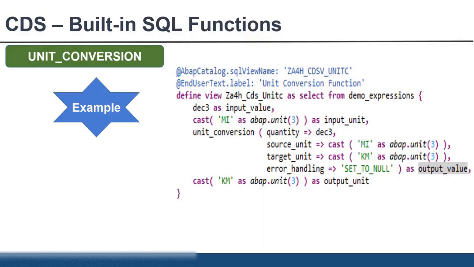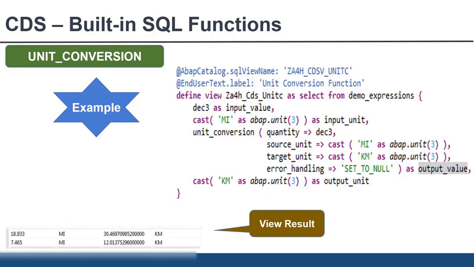Cast is being used in this example as well. So cast is converting a particular string or whatever unit or value to another unit. So in this case, the literal km is being converted into an ABAP unit, and the output can be seen below.